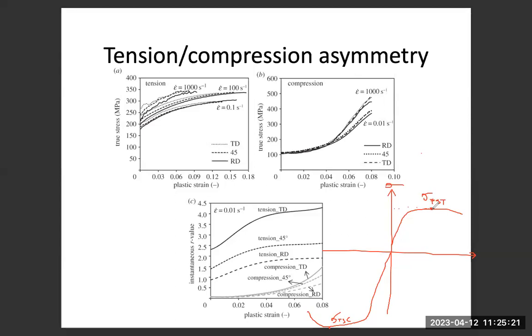And there is a homework. The mechanism, you can answer right away, but I want you to focus on why we have tension-compression asymmetry in BCC materials, and why the tensile strength under compression is greater than the tensile strength under tension.